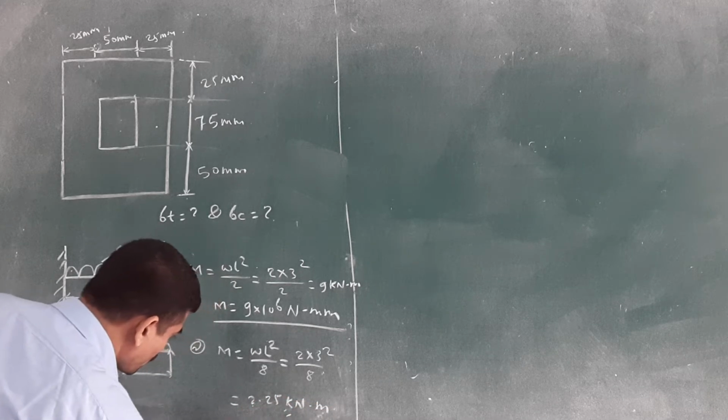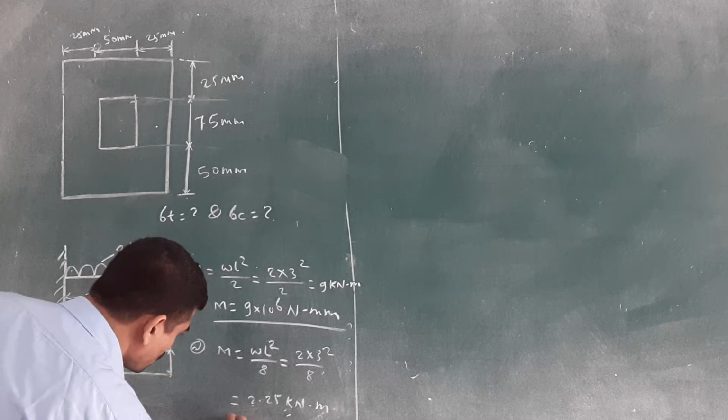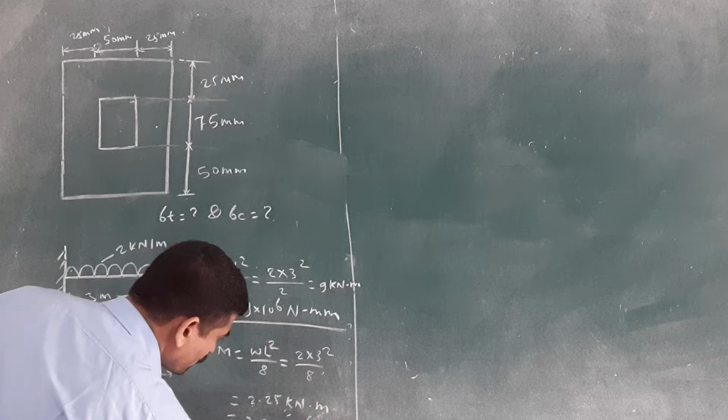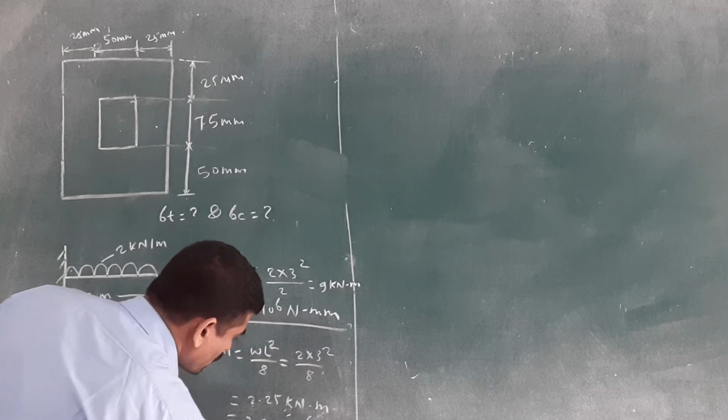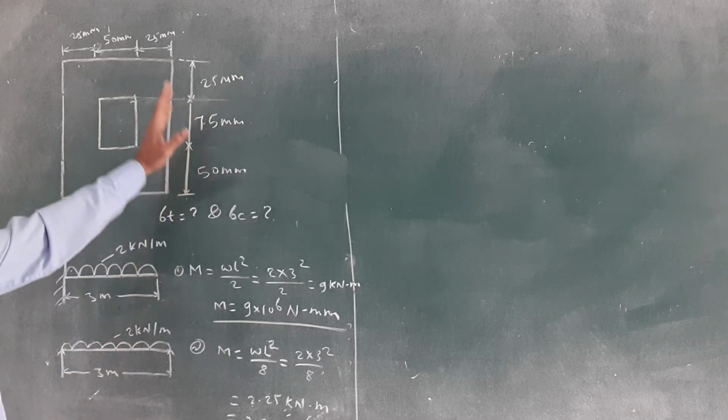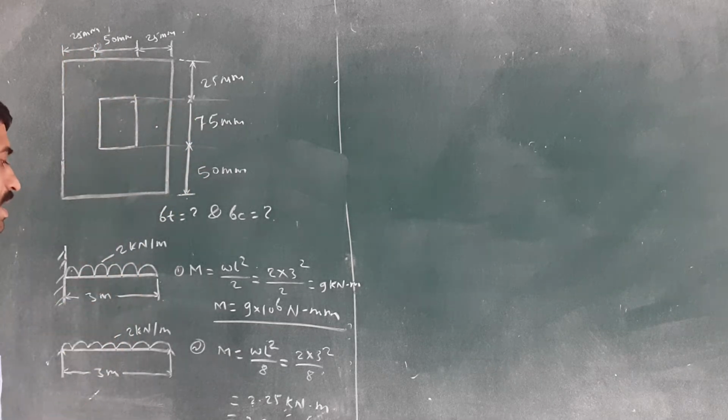Convert this into 2.25 into 10 raised to 6 Newton mm. Why Newton mm? Because the other values are given in mm.